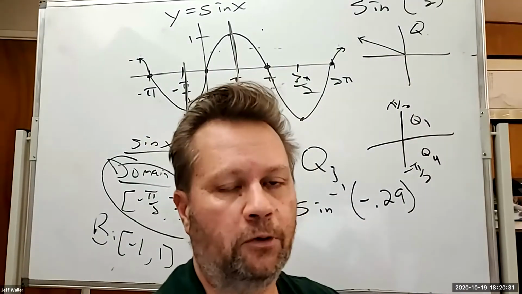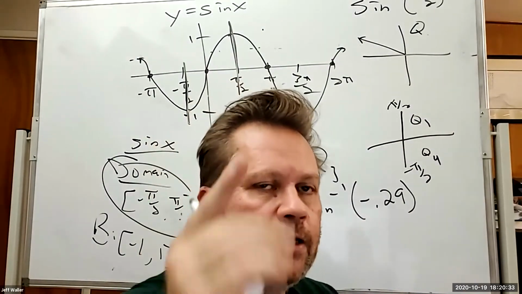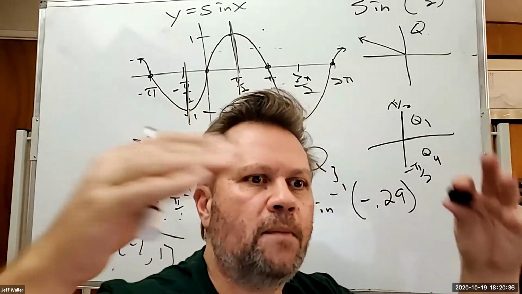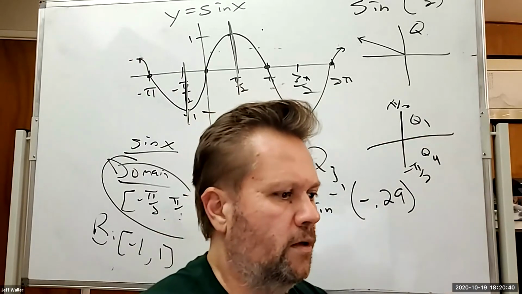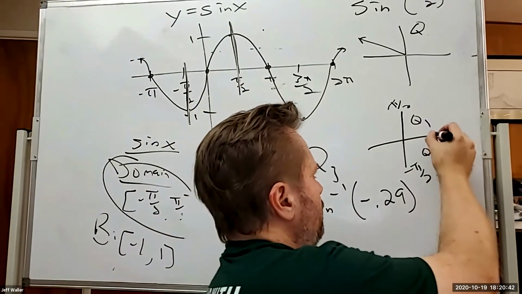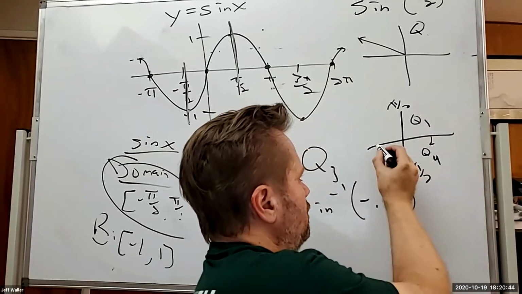You need to adjust it in certain problems to match what quadrant you're supposed to be in. We just got negative 16 point something, so actually it should be here.